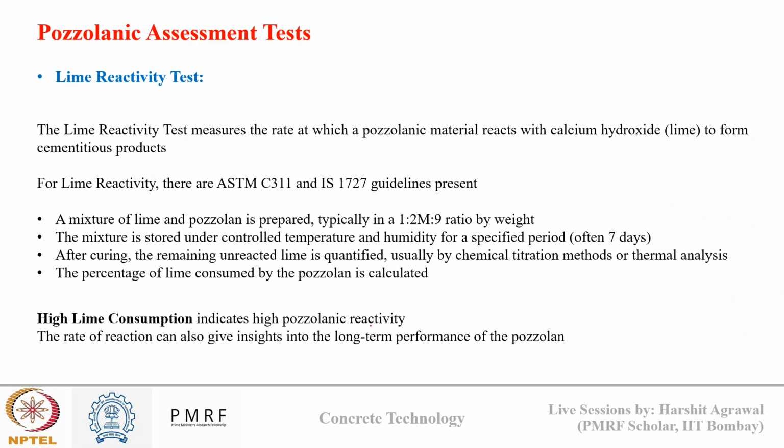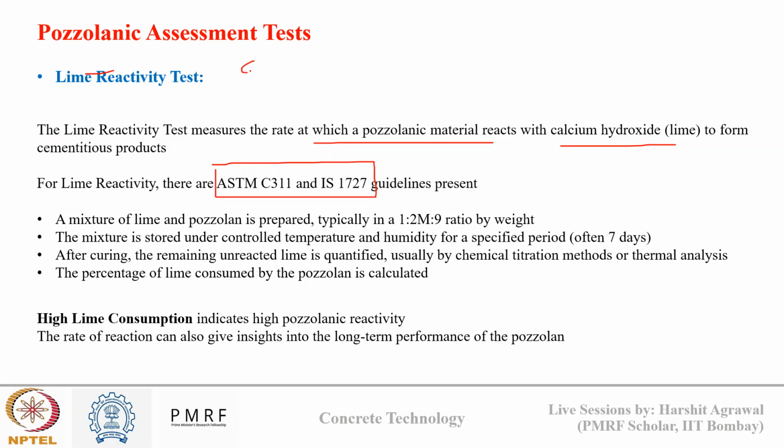Then there's the lime reactivity test, which measures the rate at which pozzolanic materials consume calcium hydroxide. Okay, and this test is done as per ASTM C1311 and IS 17227 guideline. So in this testing, what we do, we take lime, which is CH.